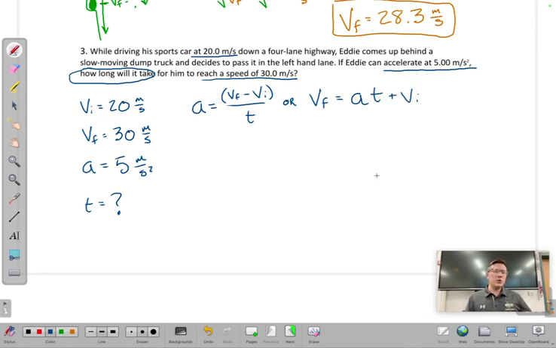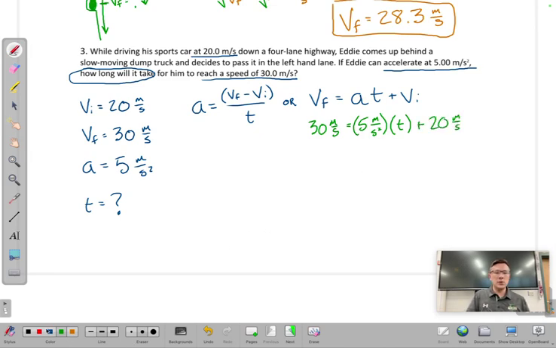Really you can plug it in either way. It's not going to make a difference. You'll end up solving for it. I'm going to plug into the second equation I wrote down here. Final velocity was 30 meters per second, equal to an acceleration of 5 meters per second squared multiplied by t plus the initial velocity of 20 meters per second.